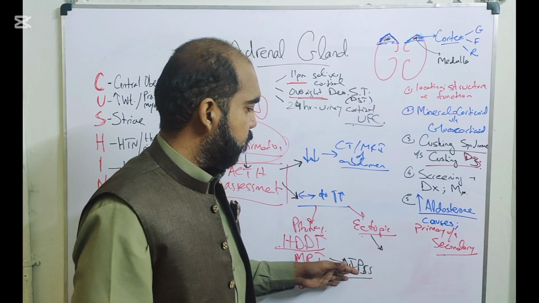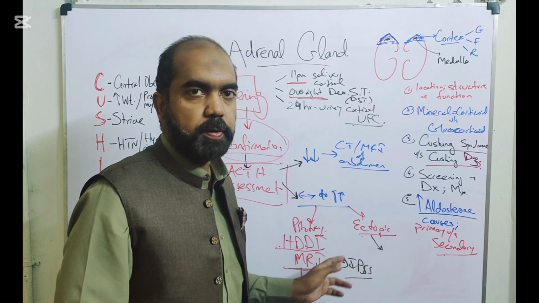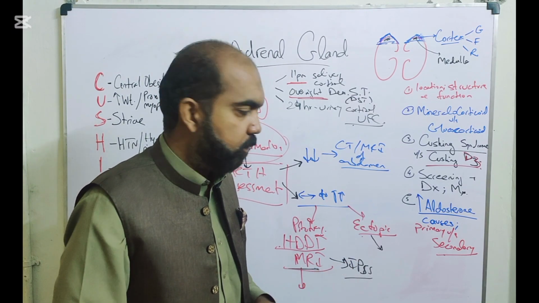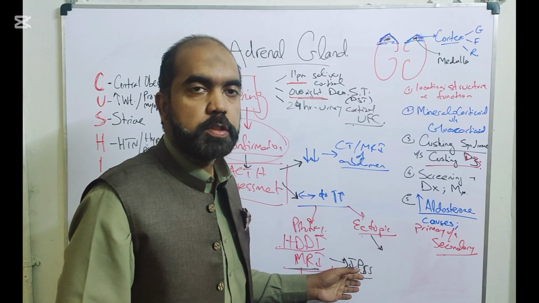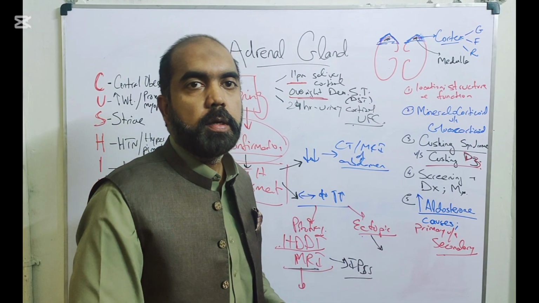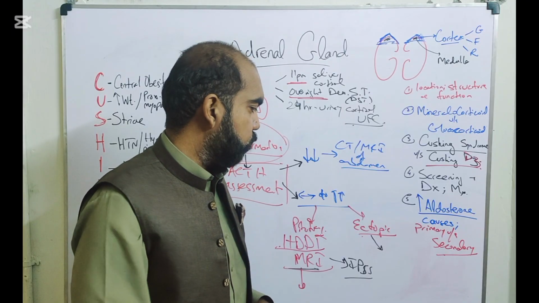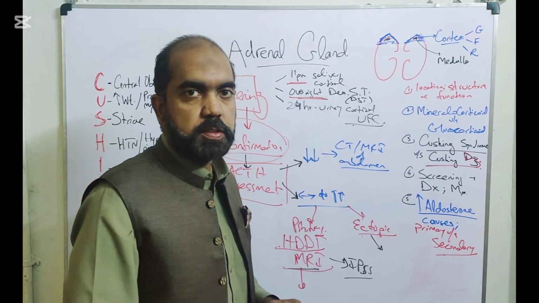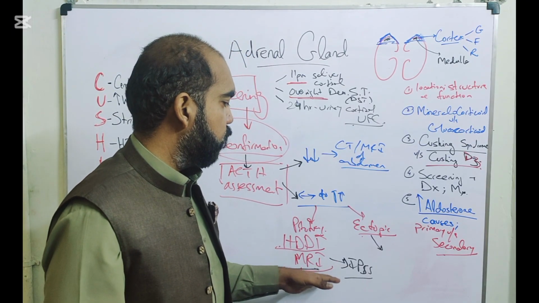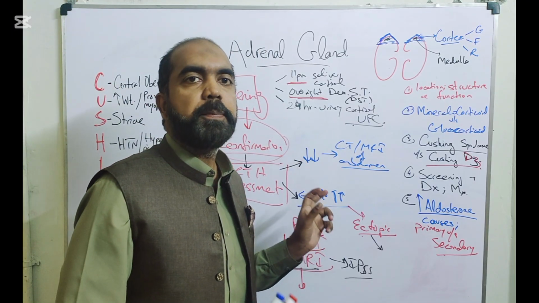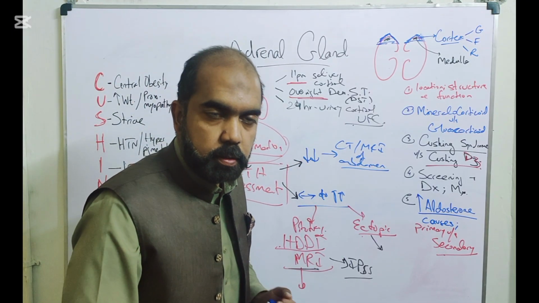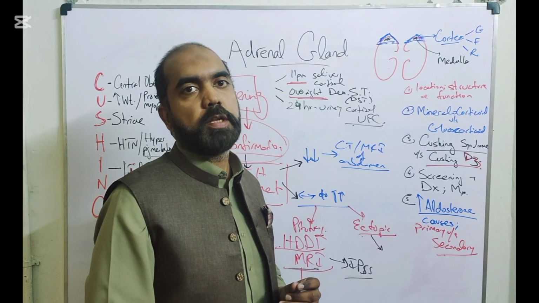If this sampling bilaterally is also inconclusive, then ectopic is most likely, and we should do the CT or MRI of the chest and abdomen to find the ectopic cause of ACTH secretion. And if the pituitary is confirmed, we have Cushing disease, which means the pituitary adenoma is causing the Cushing syndrome.